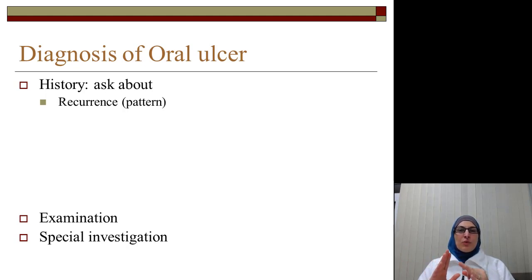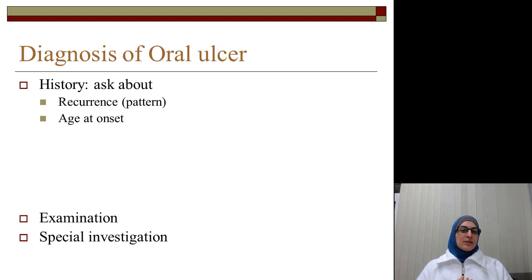So you want to determine whether this is a persistent ulcer, whether it is the first time the patient had this ulcer, or whether it is recurrent. You want to know when the patient started developing these lesions. Some lesions tend to start early in age, like recurrent aphthous stomatitis. Usually the patient develops these lesions during childhood, like 10 years old or 7 years old, while other lesions tend to start during middle age, for example the 30s or 40s, as in Behçet's disease.